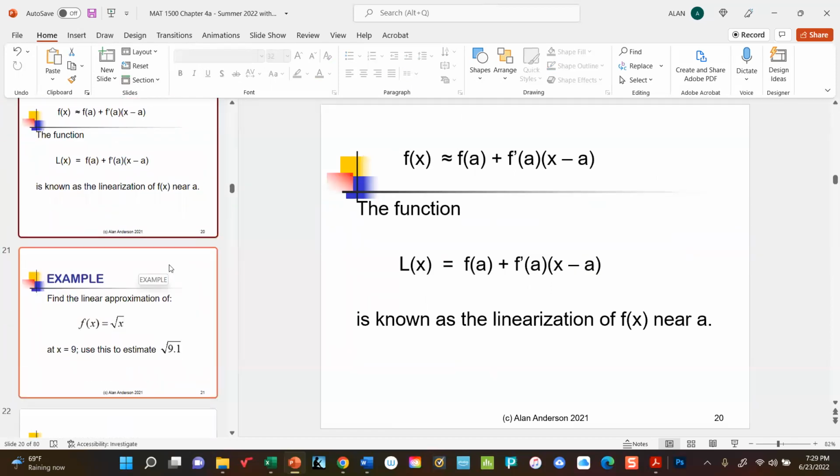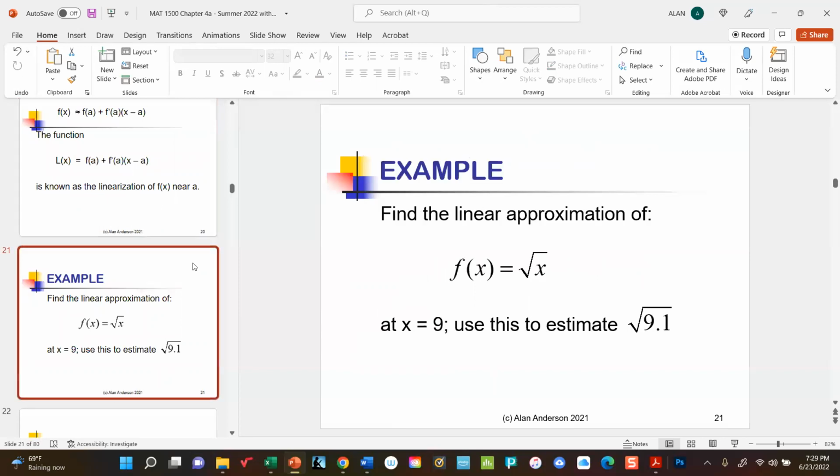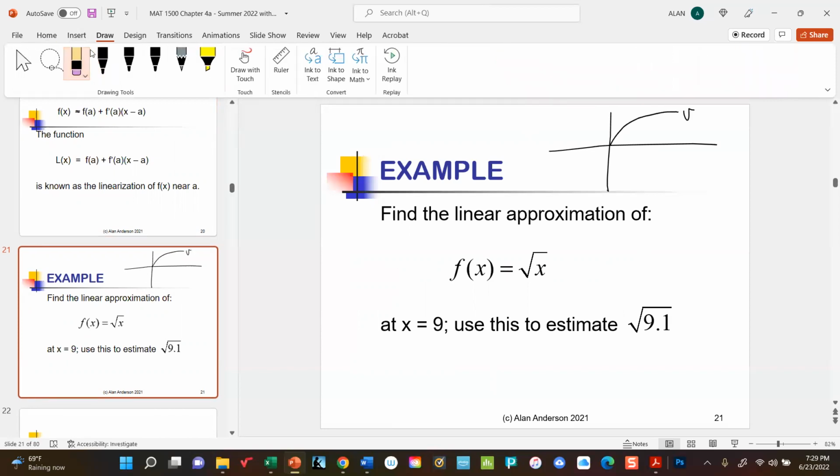So here's an example of this. Let's say that this is our function, f of x equals radical x, which looks something like this. At 9, we know that the function will have a value of 3.